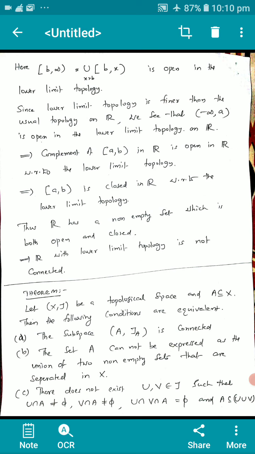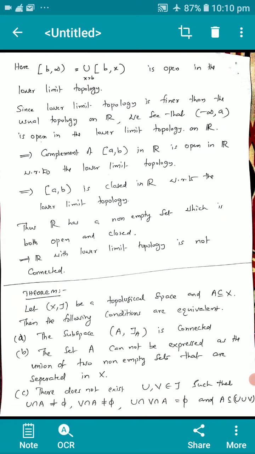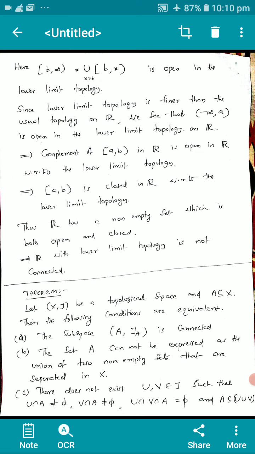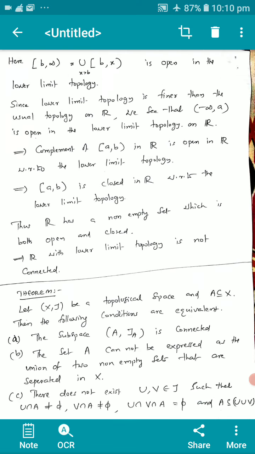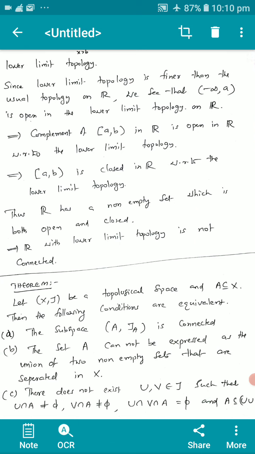So [a, b) is closed in R, since its complement is open with respect to the lower limit topology. Thus, R has a non-empty proper set which is both open and closed. This implies R with the lower limit topology is not connected.